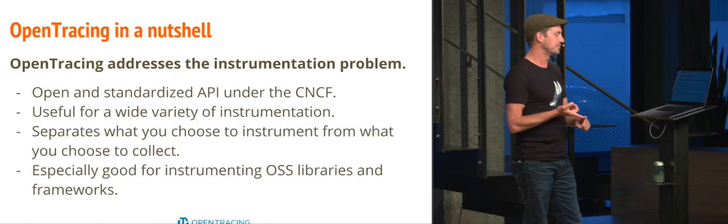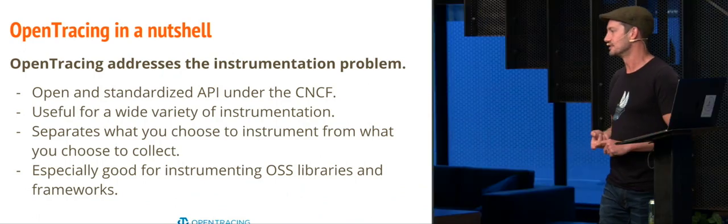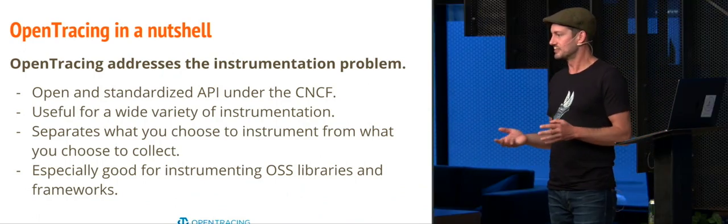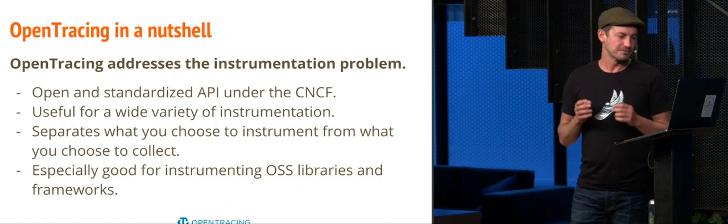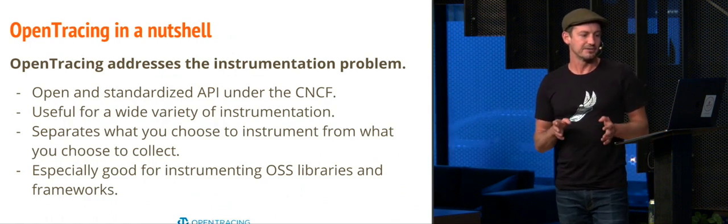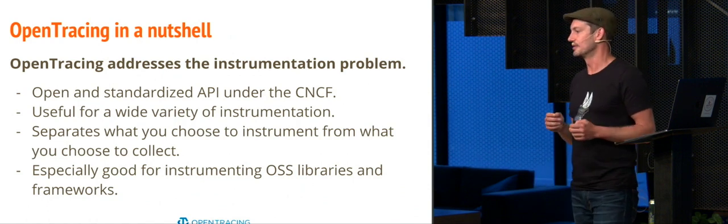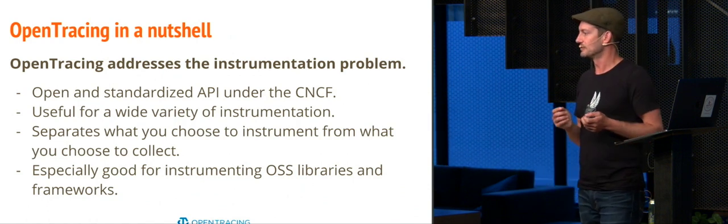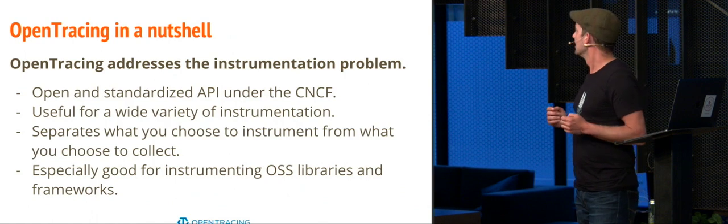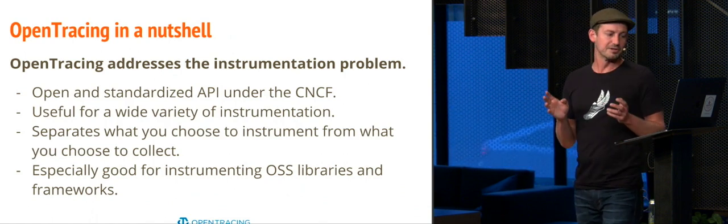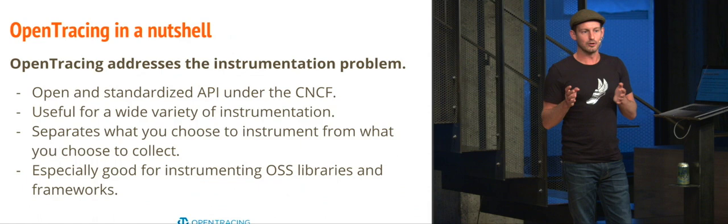So here's how OpenTracing gets around adoption issues that previous systems faced. First and foremost, it's an open and standardized API. It's standardized under the CNCF, along with Prometheus and a bunch of other great tools, Kubernetes. And it's truly open. And by open, I don't just mean it's open source.